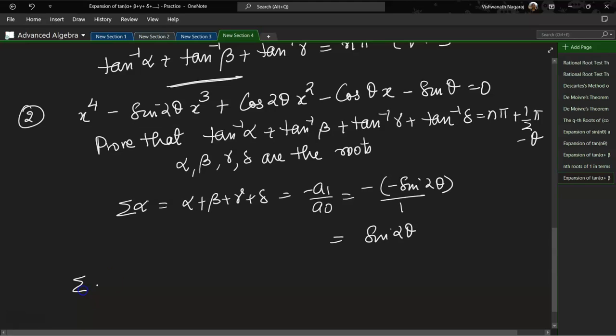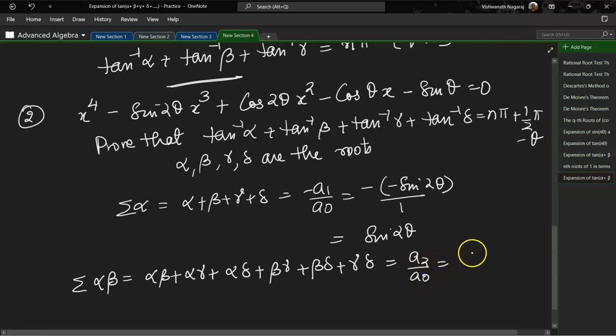Okay, now summation of alpha beta is equal to, we know alpha beta plus alpha gamma plus alpha delta plus beta gamma plus beta delta plus gamma delta, which is equal to a2 by a naught, which is equal to, now a2 is cos 2 theta by 1, which is equal to cos 2 theta.